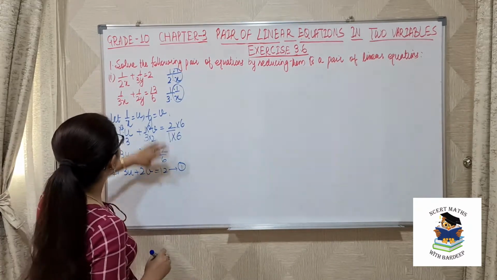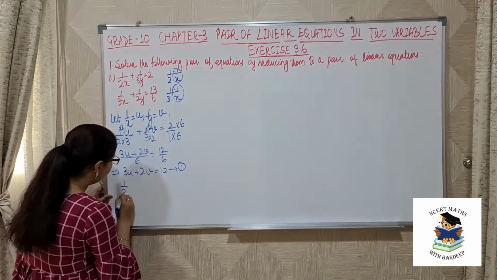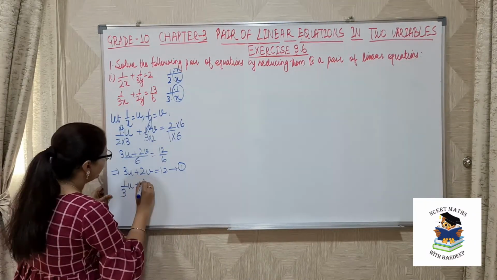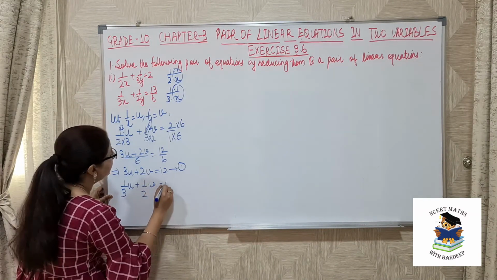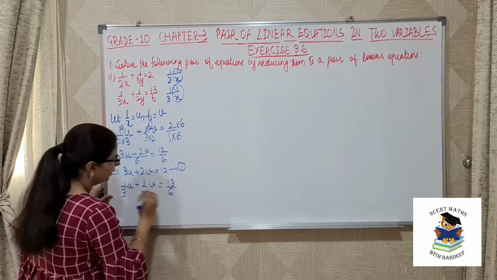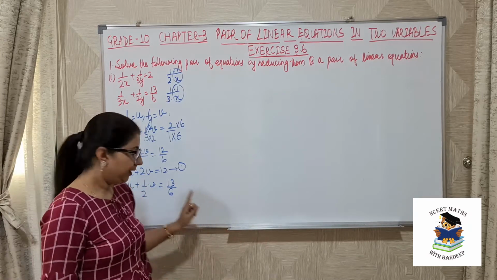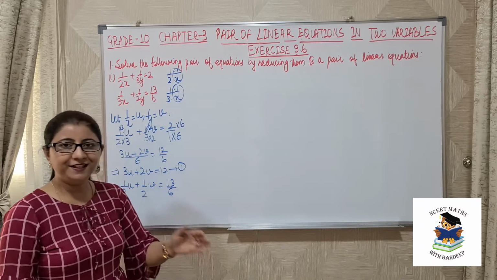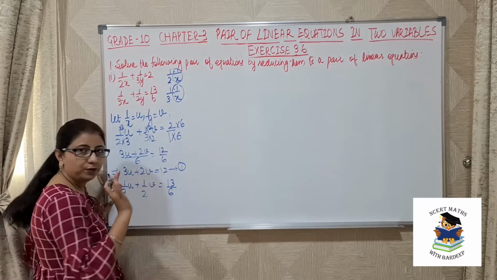Okay. Similarly, let us reduce our second equation. So this is 1 by 3 times 1 by x means u, 1 by 2y, so this is v, equals to 13 over 6. Again, every term has denominator, but all are having different denominators. Again, take LCM and cancel it. So LCM of 3, 2 and 6 will be 6.